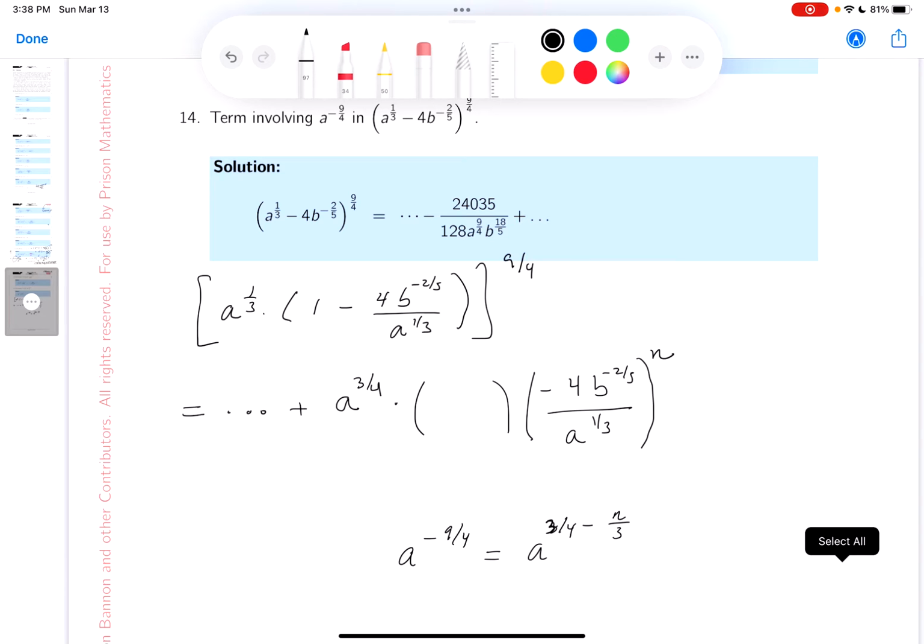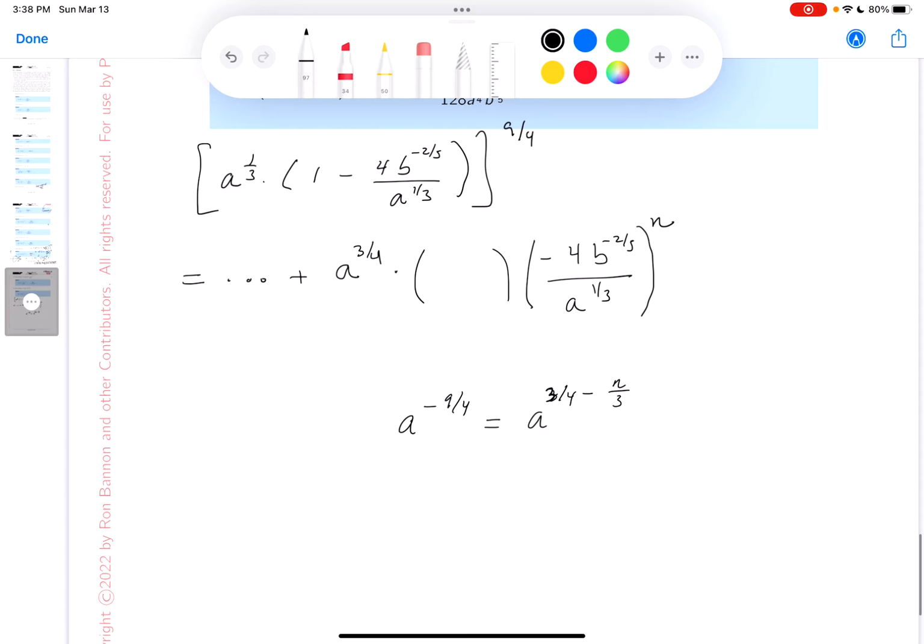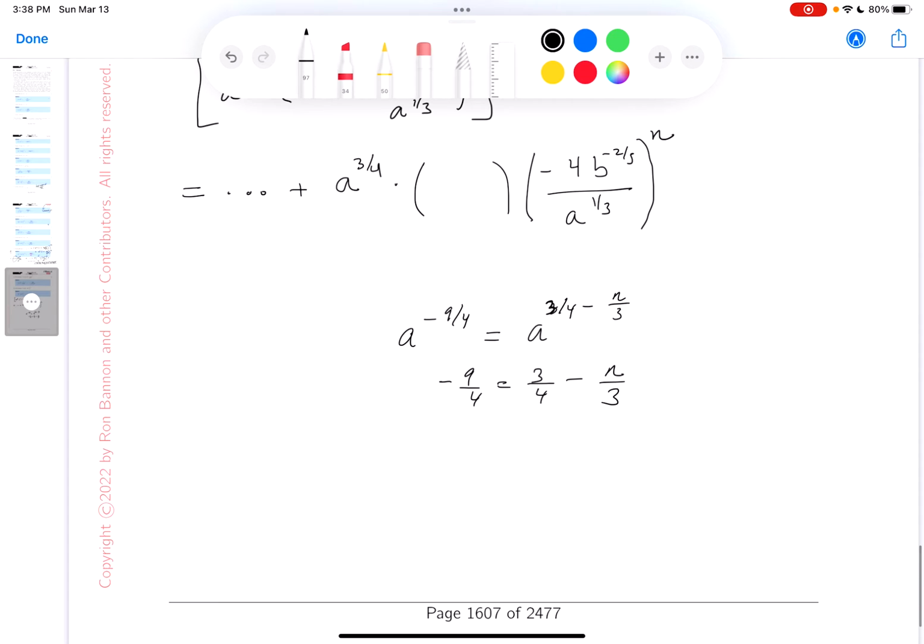All right? So let's see if we can do that. And what am I really doing? Well, I'm looking to make minus 9/4 equal to 3/4 minus n over 3. Let me see if I can do that. That's minus 12/4. I took 3/4 from both sides. Minus n over 3.